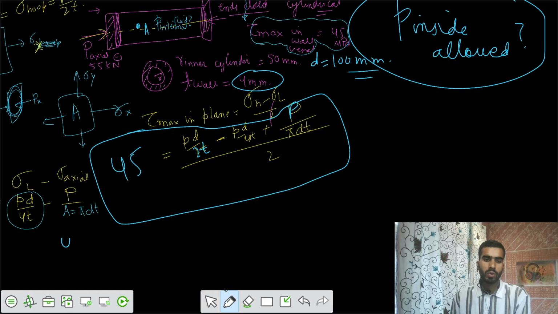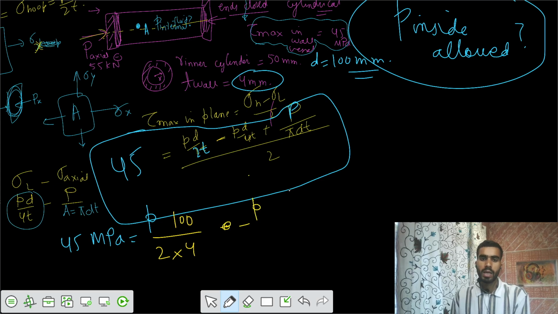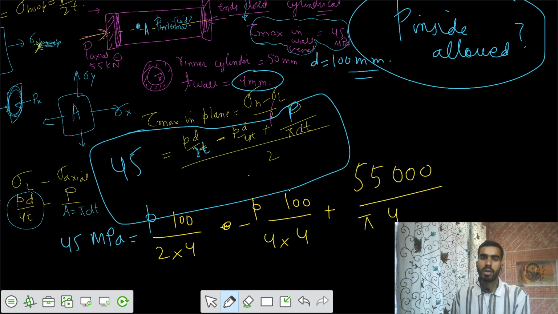If I substitute those values, I write 45 megapascal equals pressure P into diameter 100, divided by 2 times thickness 4, minus pressure P into diameter 100 divided by 4 times thickness, plus a load of 55000 Newton divided by pi times diameter into thickness.